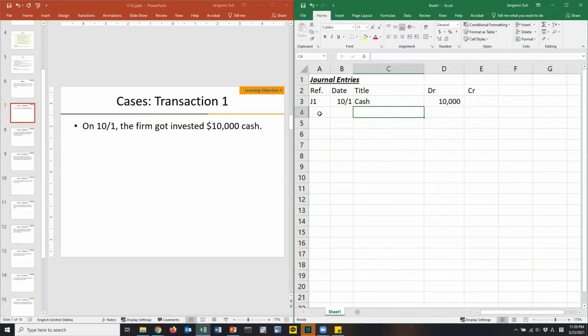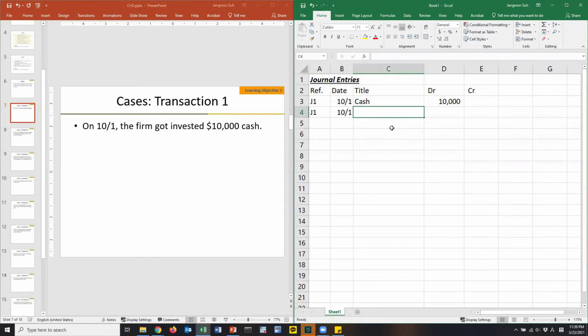We are recording the same transaction, so we want to copy and paste, Control C and Control V, or a better way is to just press Control D. That's a shortcut key for copy and paste down.